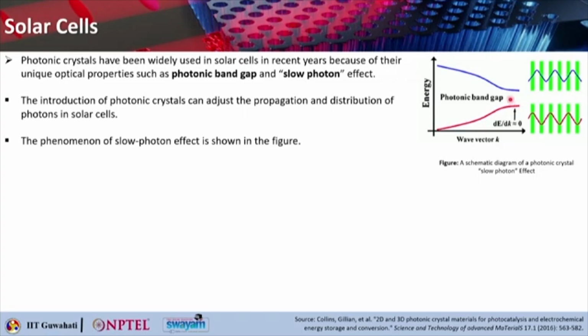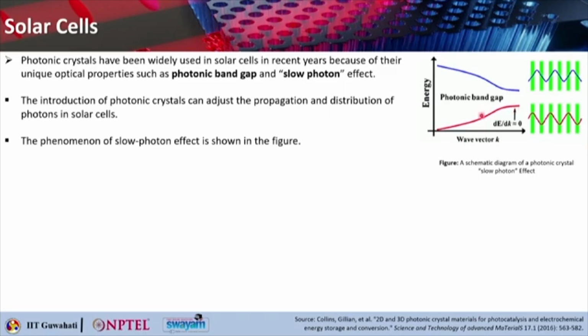You can see the group velocity of the photons approaches 0, because you can see in the graph here, dE by dk is becoming 0, it flattens out, okay, which can form a standing wave, and then it can produce a slow photon effect. Now using this effect, the interaction between photons and matter can be enhanced.